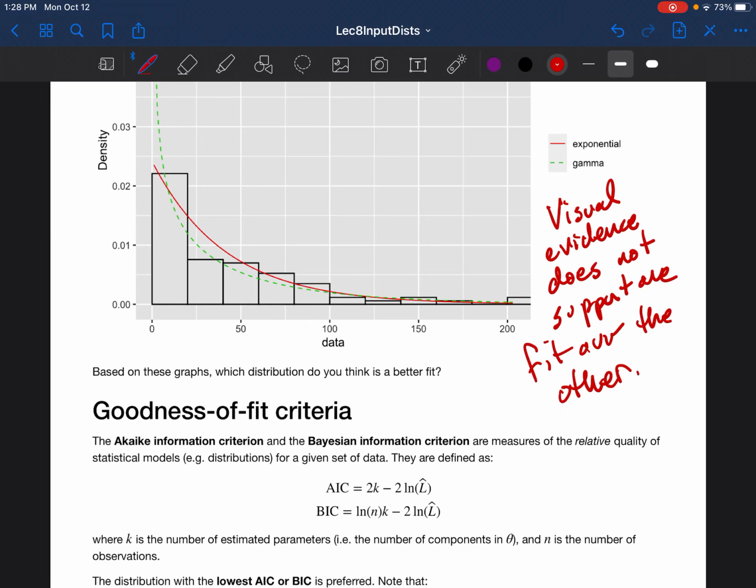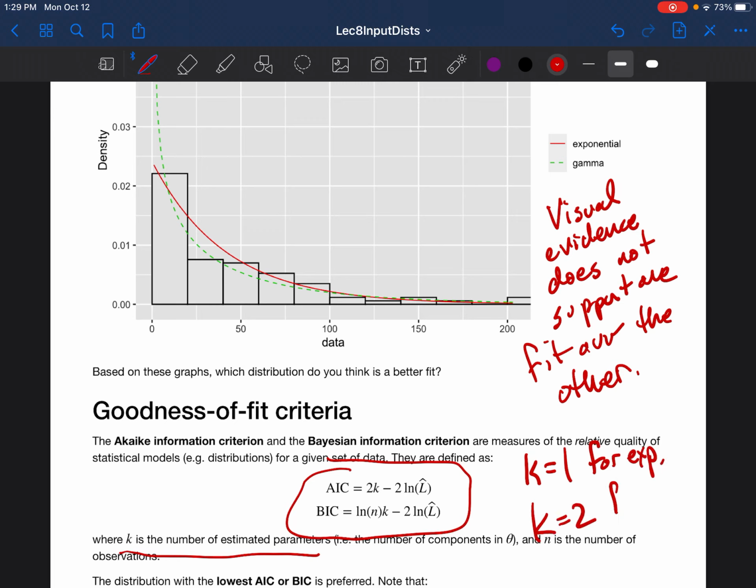The AIC and the BIC are the two we'll focus on here. The important thing here is K is the number of estimated parameters. Remember, I've talked about complexity, and K is our measure of that. K equals 1 for exponential, and K equals 2 for gamma. Remember, that's because the exponential requires a rate, and a gamma requires a shape as well as a rate.